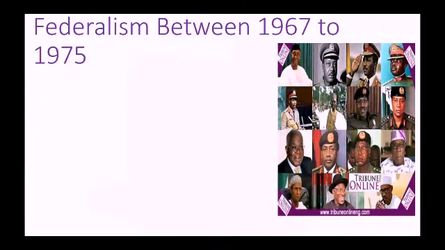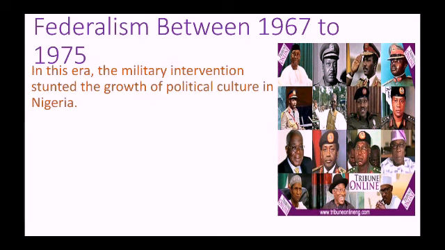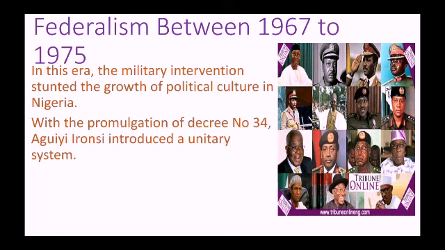Now, from 1967, there was a creation of more states. Of course, there was military intervention into Nigerian politics starting from January 1966 by General Aguiyi Ironsi. So, the intervention of military stunted political growth in Nigeria.